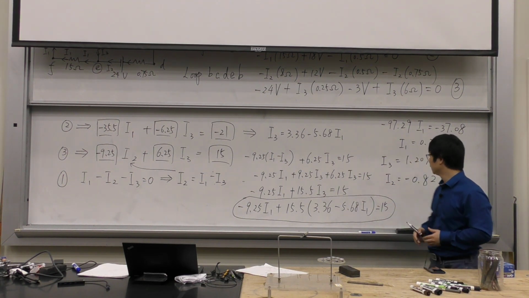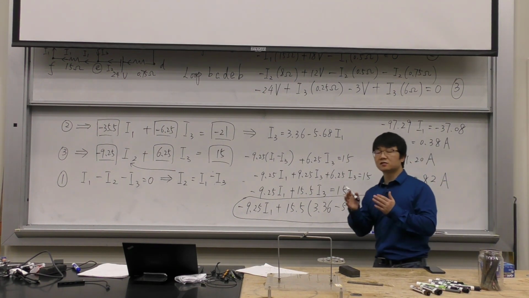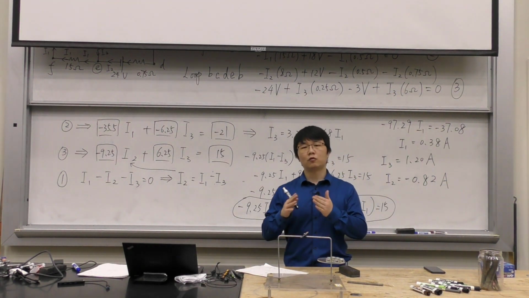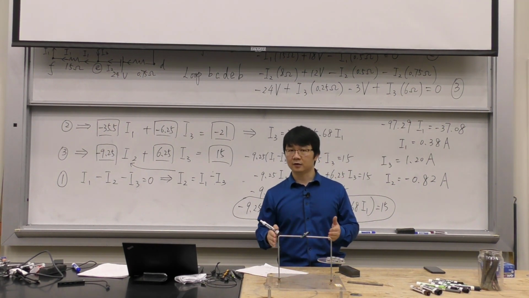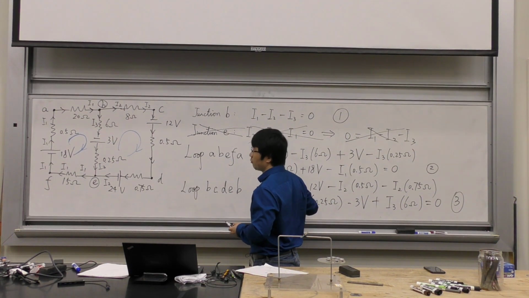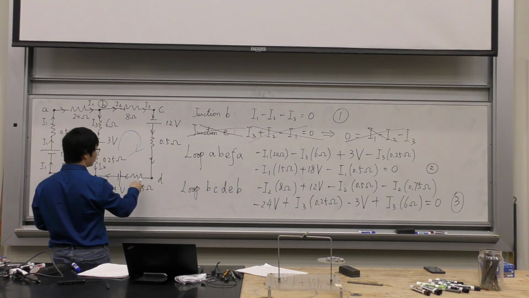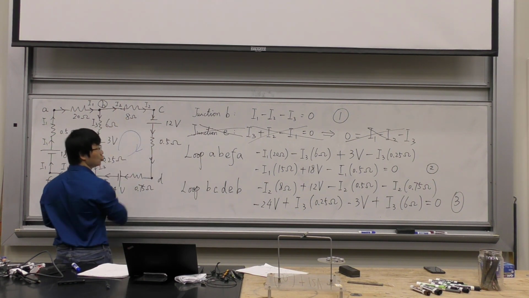You get I2 negative, that means your assumption was wrong, but you don't need to do all the algebra again. All you need to do is make a note at the end: I2 actually goes opposite to the direction I assumed.